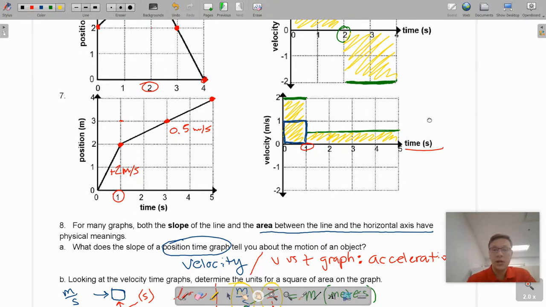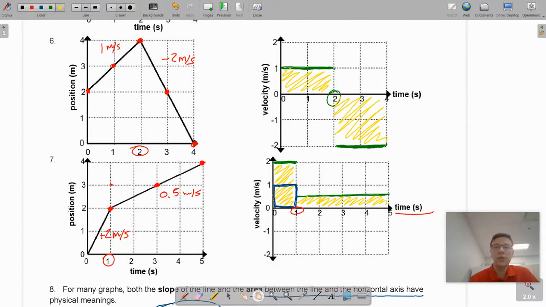We're done with this worksheet, but if I wanted to calculate the displacement of the first 2 seconds of this graph, I would take the area from the green line at 1 meter per second for 2 seconds. So the area would be 1 meter per second times 2 seconds, which ends up being 2 meters because the units cancel, and 1 times 2 is 2. That should make sense.